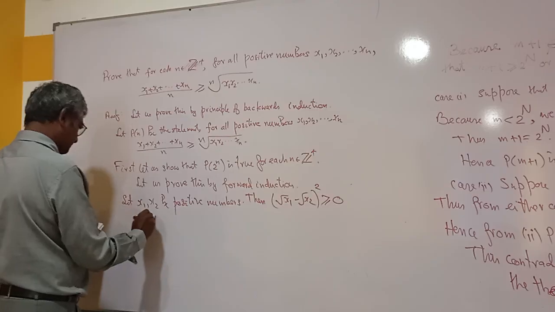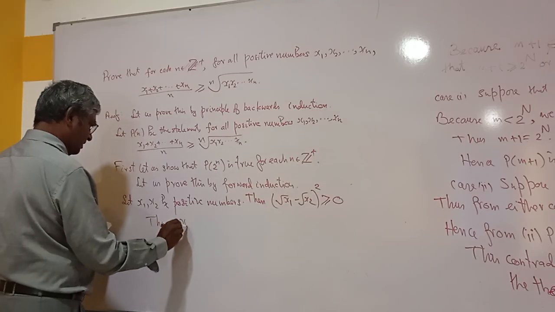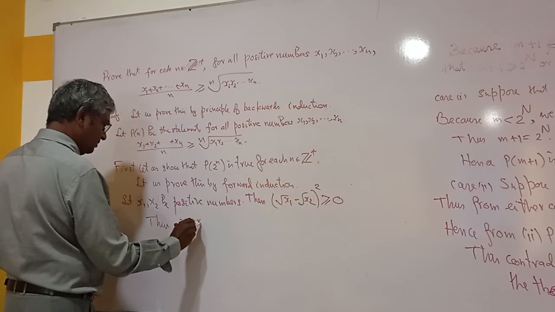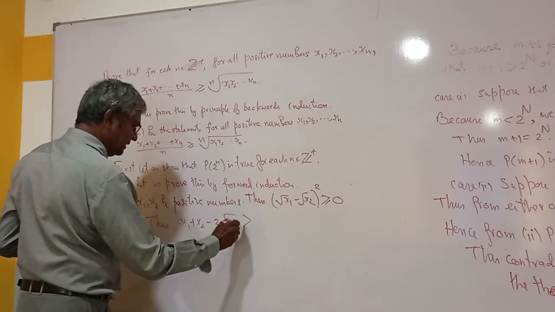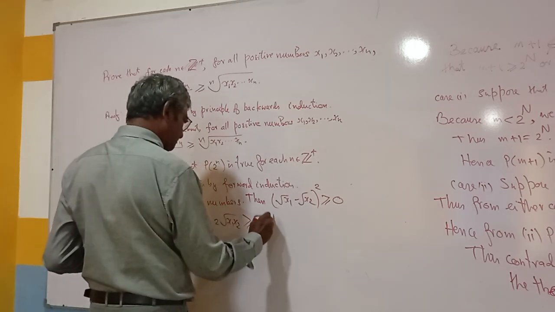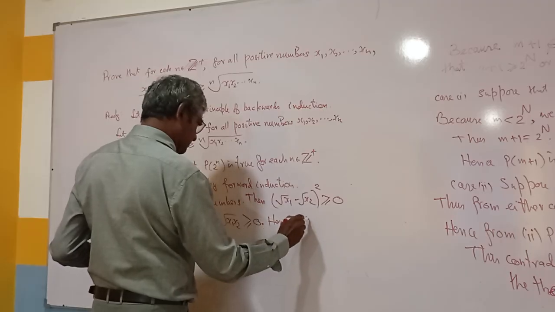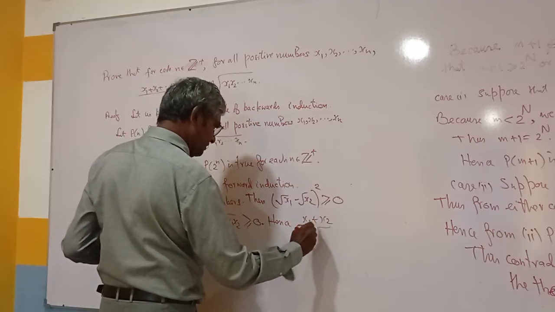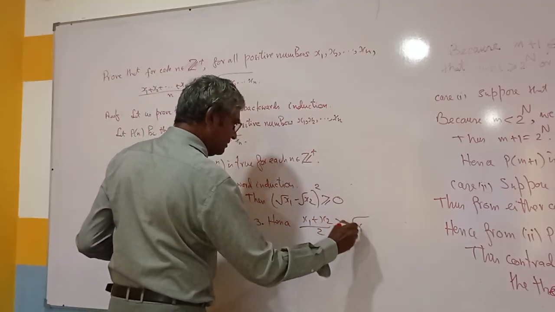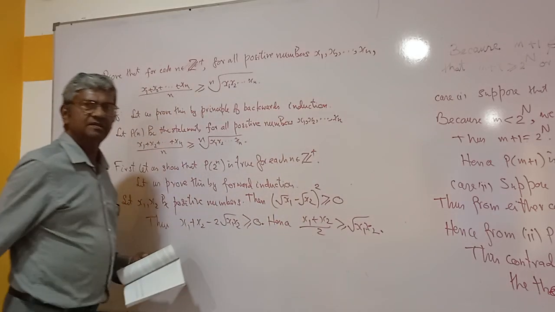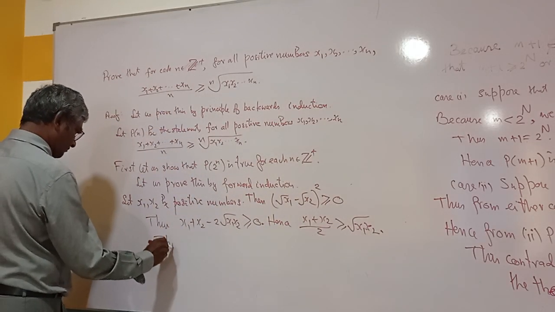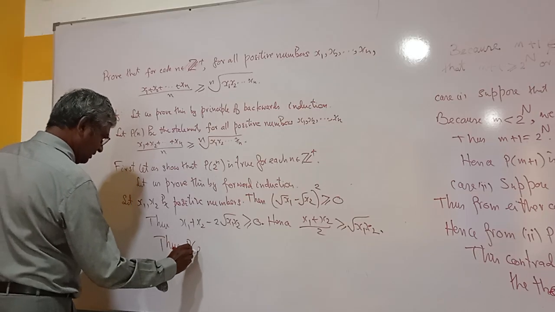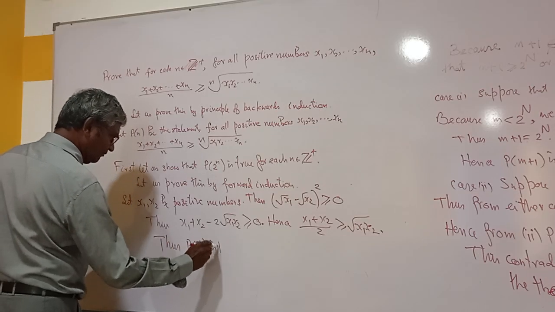Thus, x1 plus x2 minus 2 square root of x1 x2 is greater than or equal to 0. Hence, x1 plus x2 divided by 2 is greater than or equal to the square root of x1 x2. Thus, P of 2 to the 1 is true.